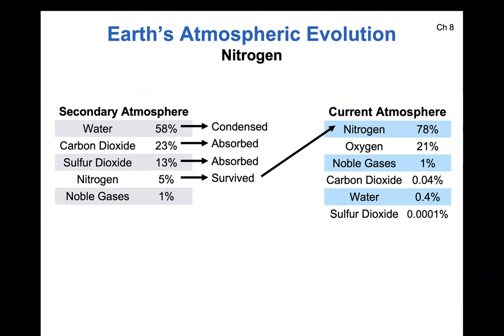The nitrogen just survived. So the nitrogen was just there in the first place, wasn't involved in any absorption or biological process, and it just stuck around as useless as ever, you know? It's kind of always just been along for the ride. And so this actually does imply an interesting aspect here, that the secondary atmosphere was way denser than the current atmosphere, because in order for 5% of something to now represent 78%, well, that means the total has to be smaller.